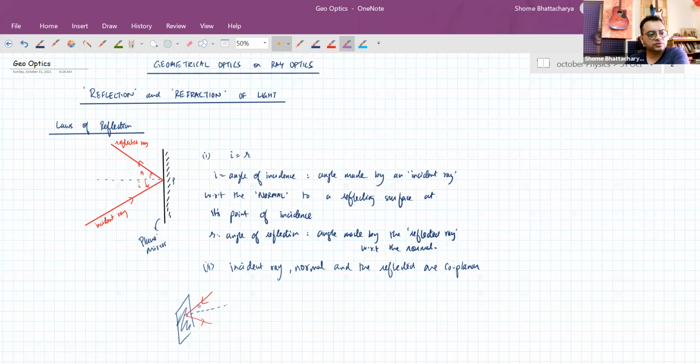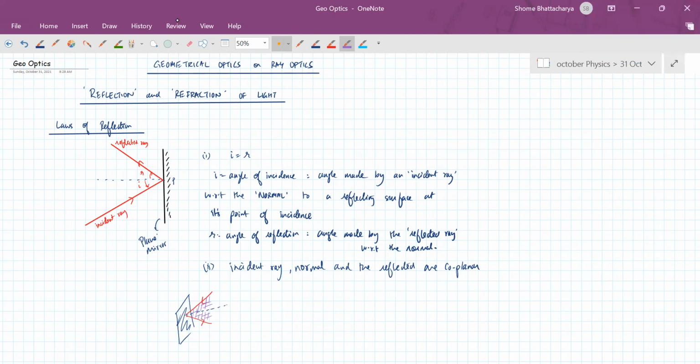Whatever is the plane in which these two are lying, this will lie in the same plane with it. At this stage we can treat this like an experimental law, though I can show you later, when we are discussing wave optics, that this can be justified from the wave nature of light.